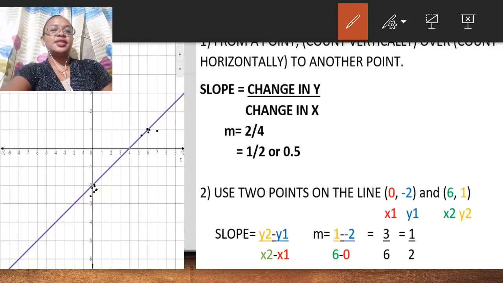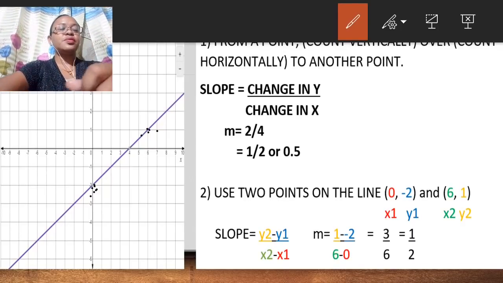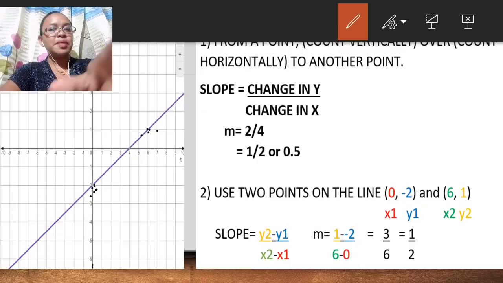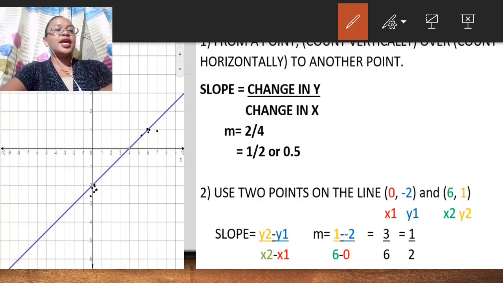Okay, that is the 6, positive 1. So just choose 2 points on the line. There are many points, but I choose the points that are exact whole numbers. And so when you have that point, you label each point.